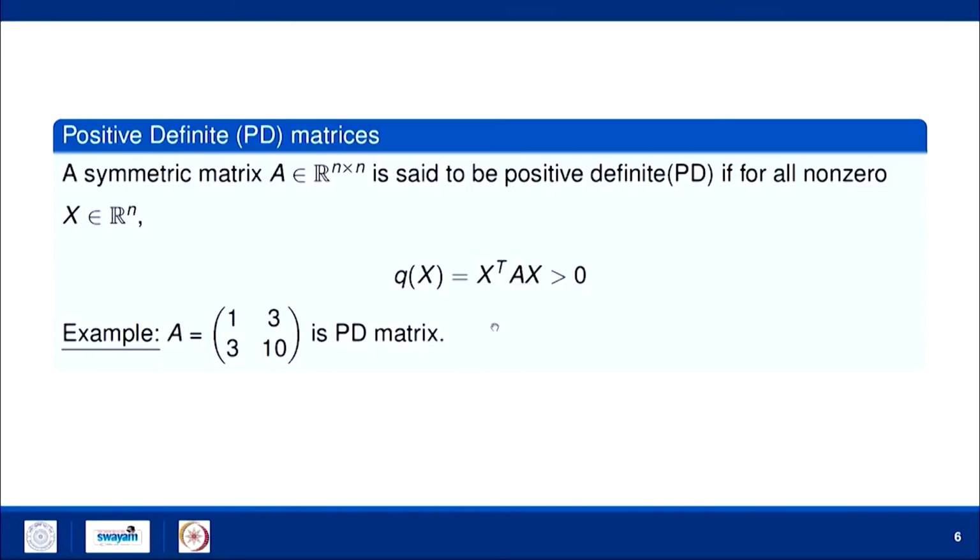If the quadratic form x transpose A x for a symmetric matrix A is strictly positive, then we say the matrix is positive definite. If it is greater than or equal to 0, the matrix is called positive semi-definite, but if it is strictly positive, then we say the matrix is positive definite.